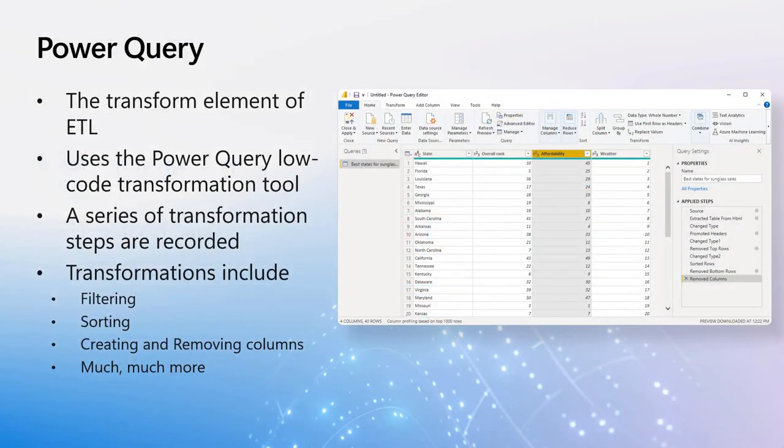And the tool that we're using to connect to and transform any data is called Power Query. And it's the T in the extract, transform, and load process. Power Query is a low-code data transformation tool, and a series of transformation steps are recorded. And we'll be using this tool to transform data within our school library Dataverse tables.